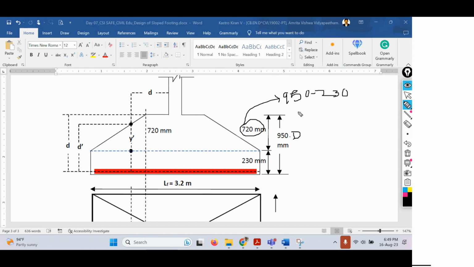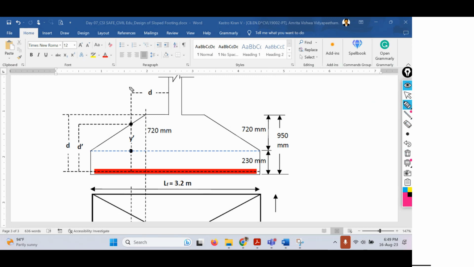Now, the next thing is the critical section. We know that in one-way shear calculation, the critical section is always considered at a distance d from the face of the column. So here, this is my critical section.